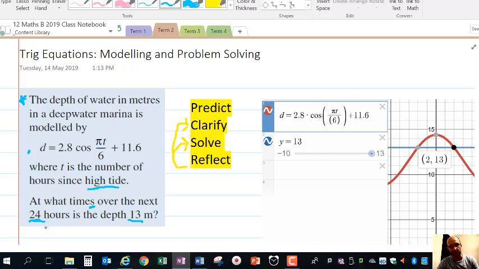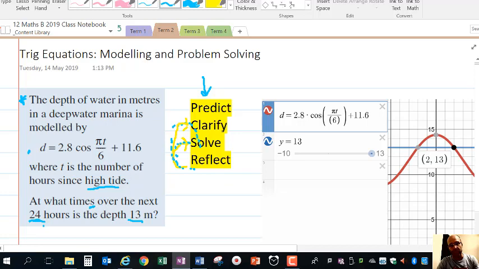So I like to use a process in my problems which involves basically the steps highlighted in yellow: predict, clarify, solve and reflect. Now when you get to reflect, if something's not right or the answer is not reasonable or the answer can be improved, you might need to iterate, as in repeat, depending on what's going on.